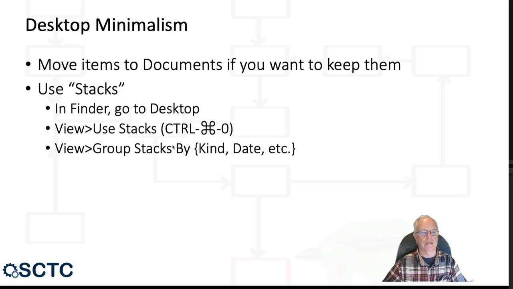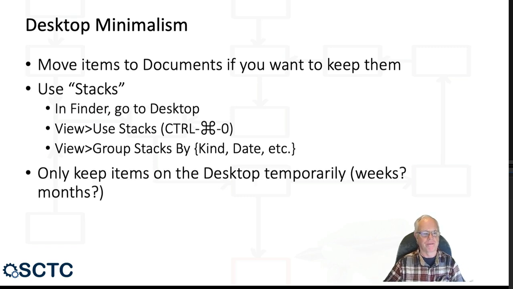And I'm going to show you that in a second what it looks like. It's a quick and dirty way to clean up your desktop. Yeah, you still have lots of stuff on your desktop, but it kind of unwinds it for you. And then if you do put something on the desktop, try to make it temporary, like weeks, maybe months. I'm sure I have some that are years, but you shouldn't do that.